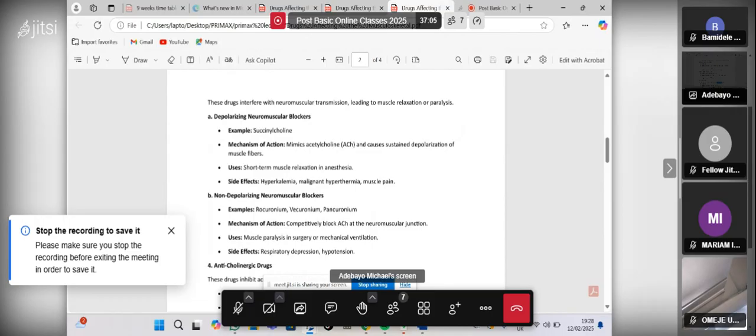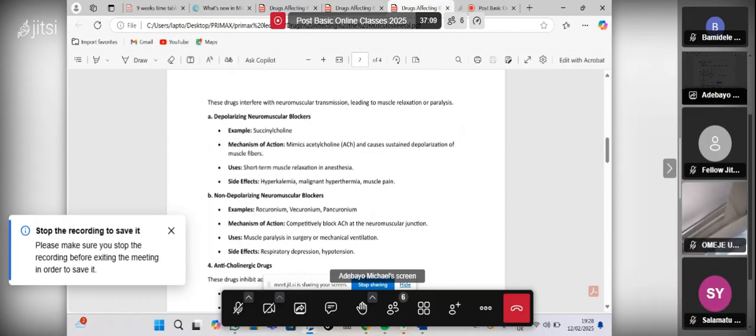So another class of neuromuscular blockers is the non-depolarizing neuromuscular blockers. These ones are long acting, and what they do is block acetylcholine in the neuromuscular junction, thereby causing relaxation of the muscles.